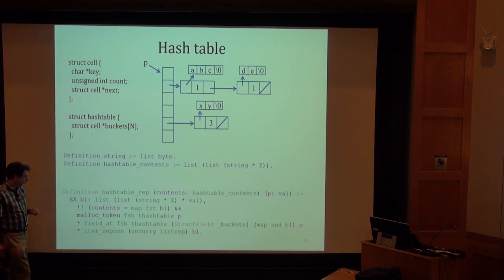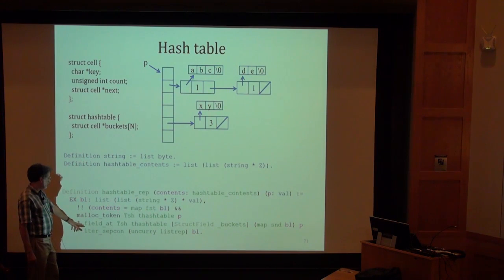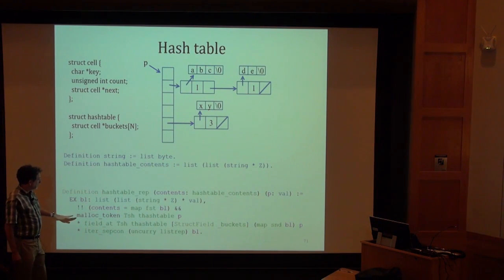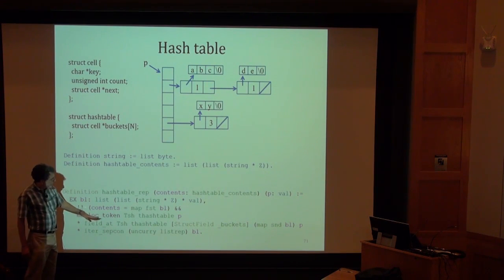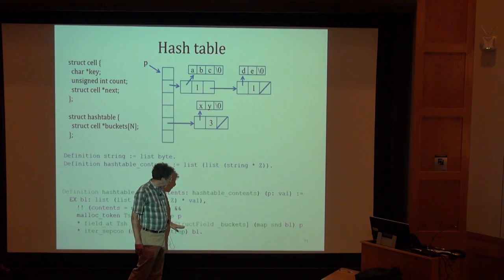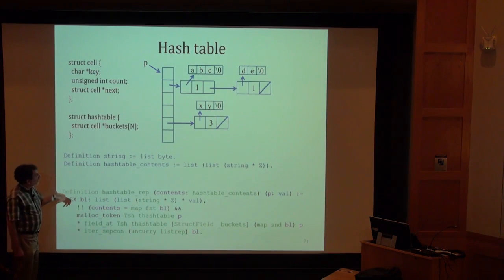And then, let's see, at address P, we have the pointer to this struct hash table with one field. And if we take P dot buckets, that's an array. So that's saying start with address P and take this access path that goes struct field buckets, right? So that's the buckets array, and the field at.